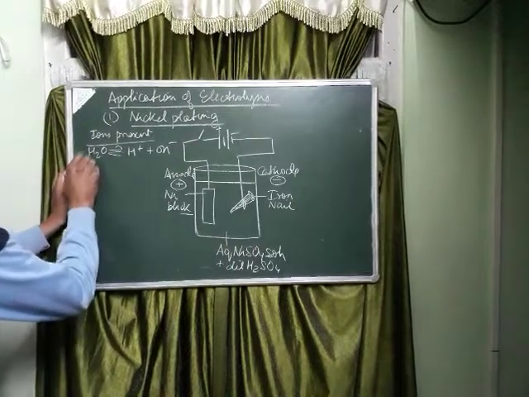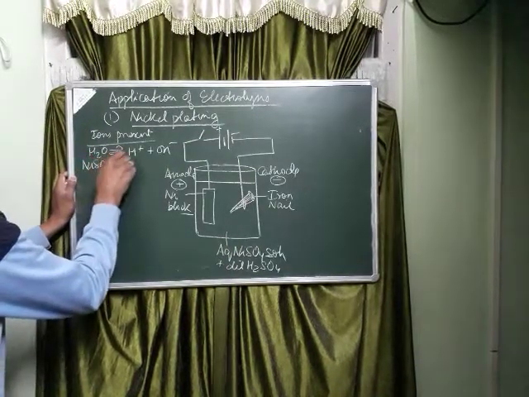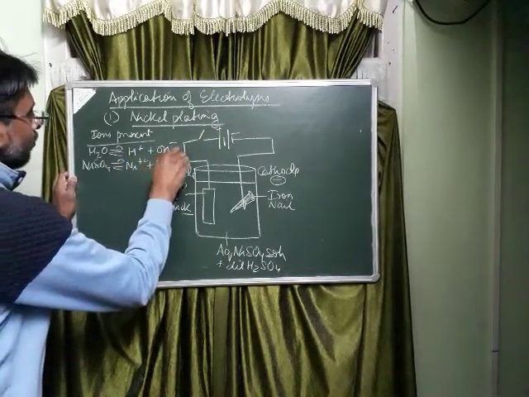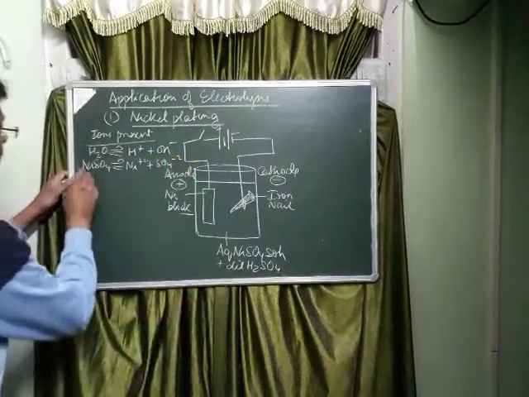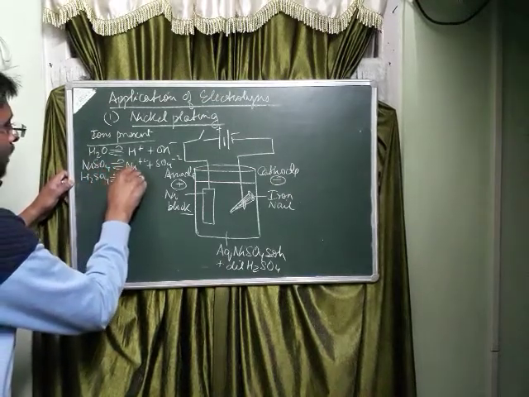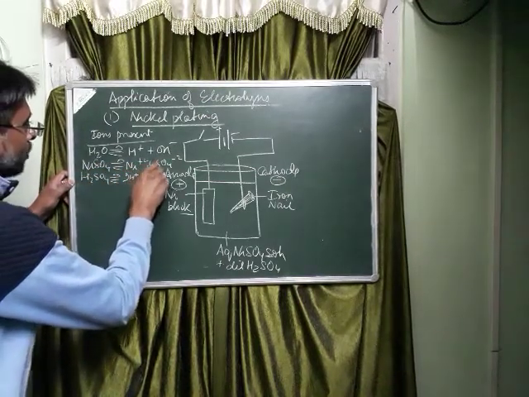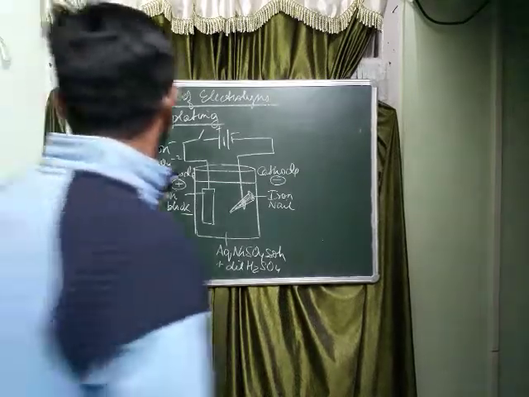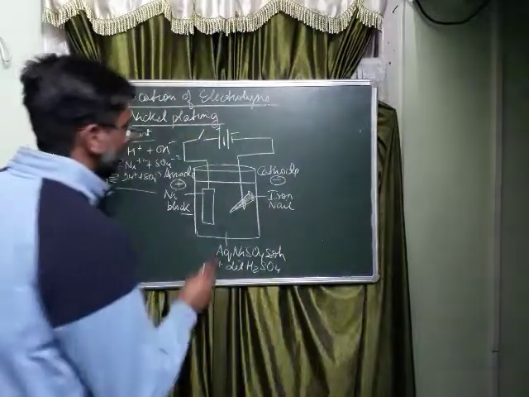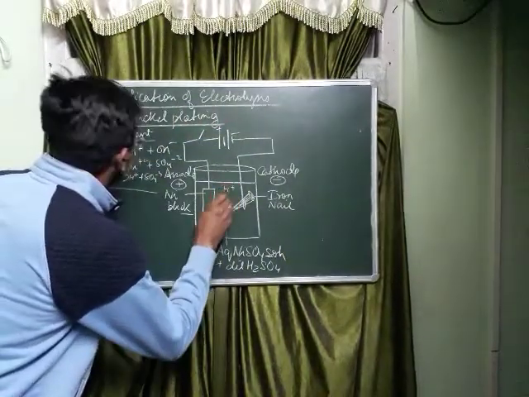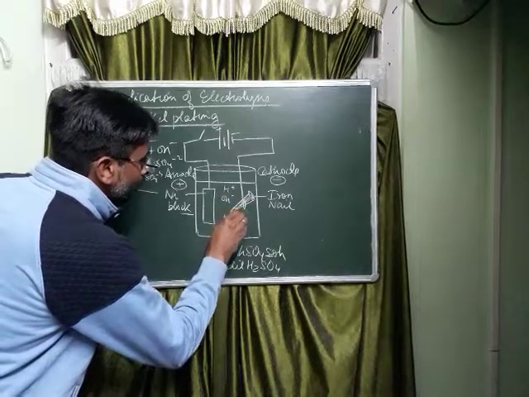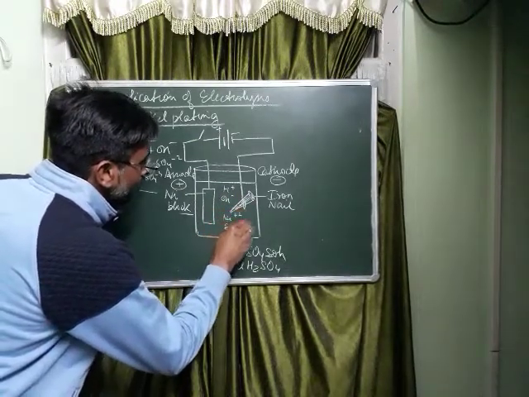Nickel sulfate will produce nickel ion and sulphate ion, and there is dilute sulfuric acid. Dilute sulfuric acid will produce H plus and SO4 minus 2 ions. So these are the ions present in this electrolytic mixture. Let me write them down over here: H plus, OH minus, Ni plus 2 and SO4 minus 2.